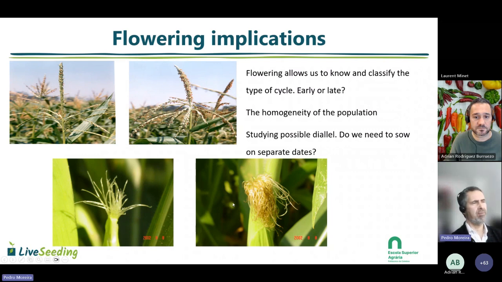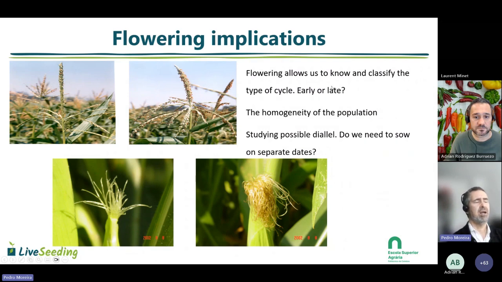Well, you can have several things happening, and in nature you have a lot of differences, but this is generally the normal type. So the flowering allows us to know and classify the type of cycle. If we have early maturing or late maturing cycles, probably you have heard about FAO 200, FAO 600.